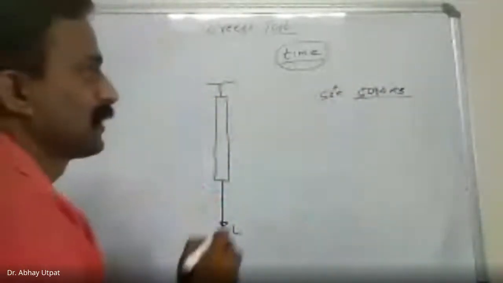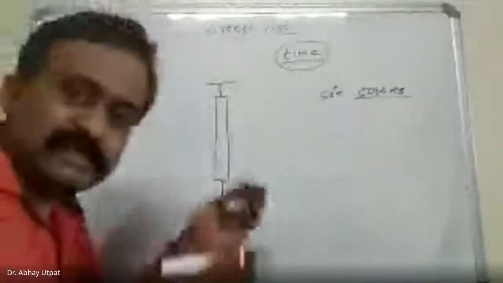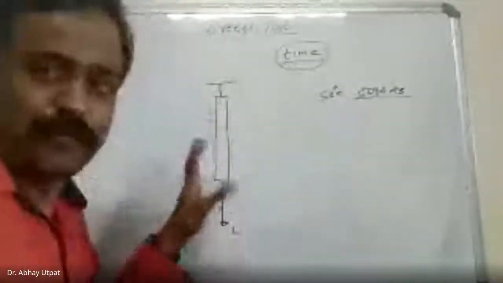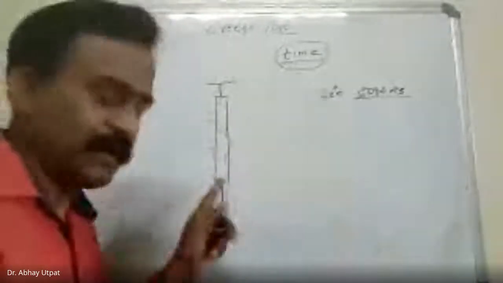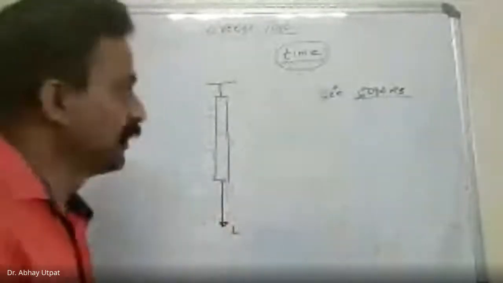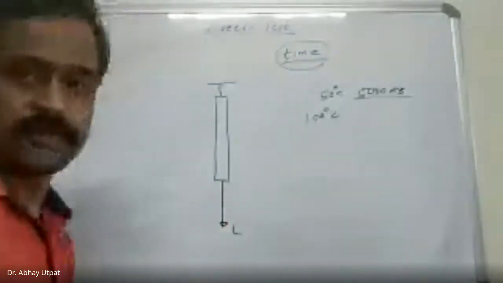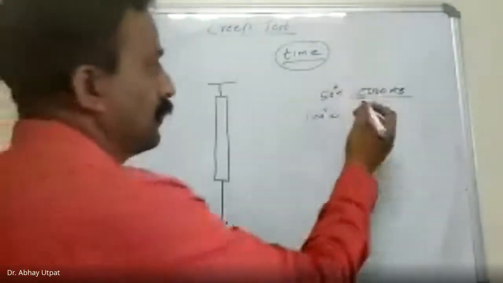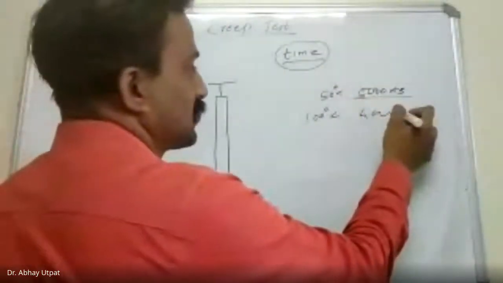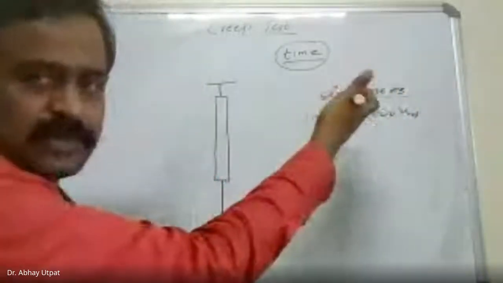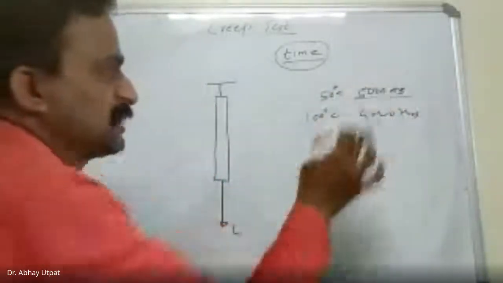Now I will take a second bar. Means the first has deformed now. I will throw that bar and take another bar. I will put the same constant load, and now I take 100 degrees Celsius. So it may remain for 4,000 hours. Actually, 5,000 is a very short period I have told.